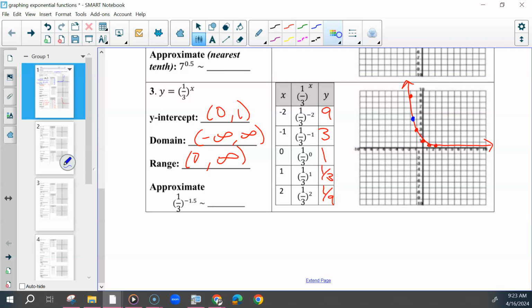Or you guys can put it in the calculator and tell me what that is. Sophia, what did you get? I'm still gonna flip it first. You just put this all together.